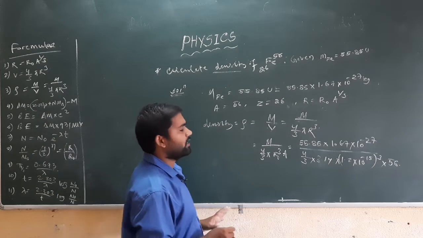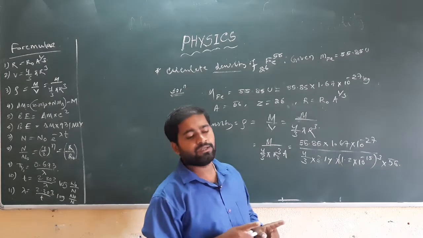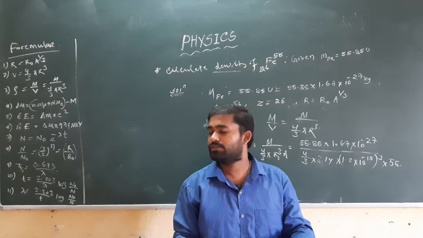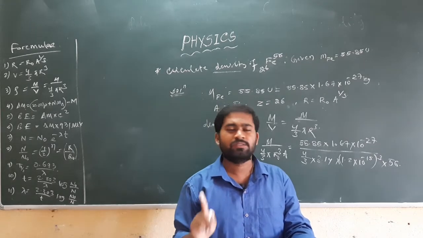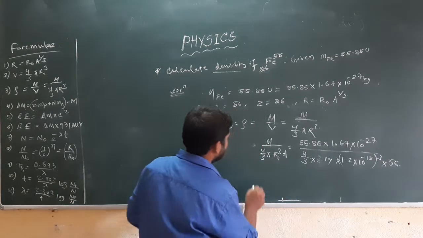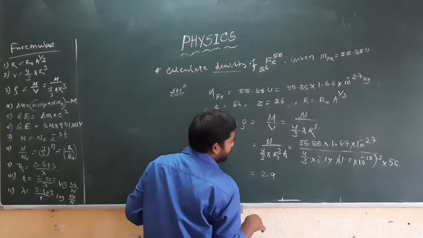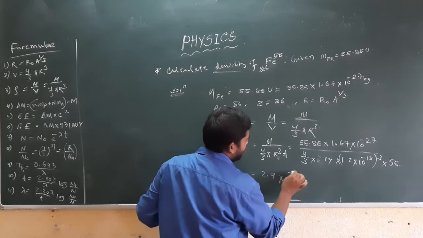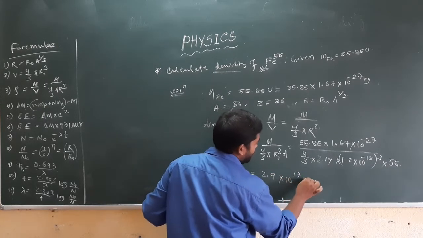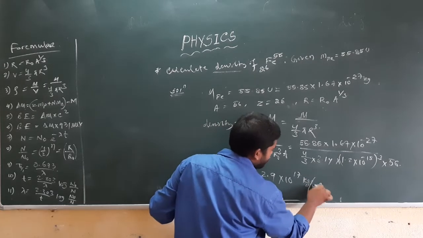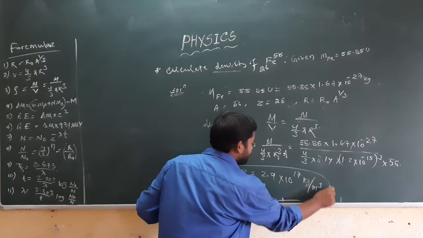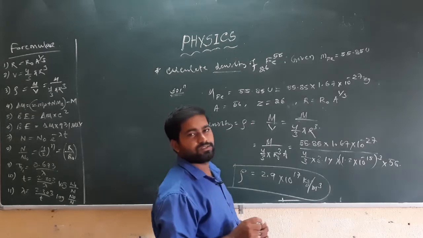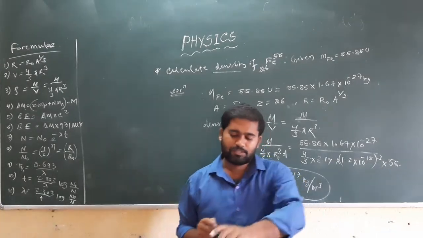If you calculate, as we discussed in the theory, the density of the nucleus should be of the order of 10 to the power 17. So that will be 2.9 into 10 to the power plus 17 kg per meter cube. So that will be the density of the gold nucleus. Understand? Next.